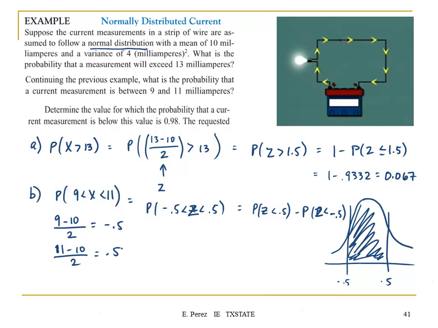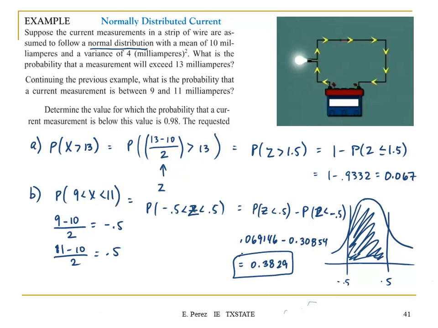Now we have the values for z, so we can look at the values from the table and get the probability. In this case it will be 0.6915 minus 0.3085, and that's equal to 0.3829.